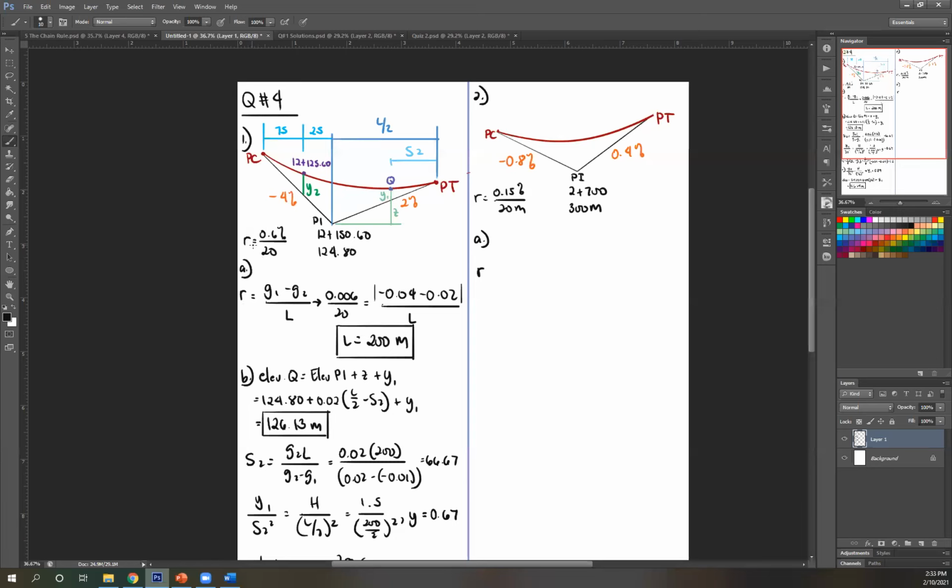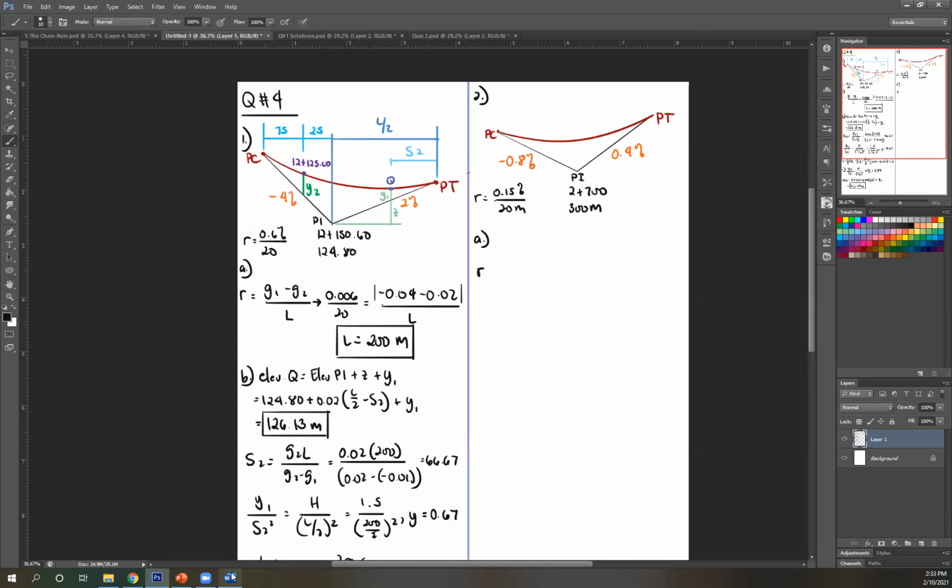That's your R, 0.6% over 20. And remember, we have an equation for R. That's just G1 minus G2 over L, if you look at your notes. So subbing that, 0.006 in decimal over 20 equals absolute value of G1 minus G2, so 0.04 minus 0.02 over L. Solving for this, L is equal to 200 meters.